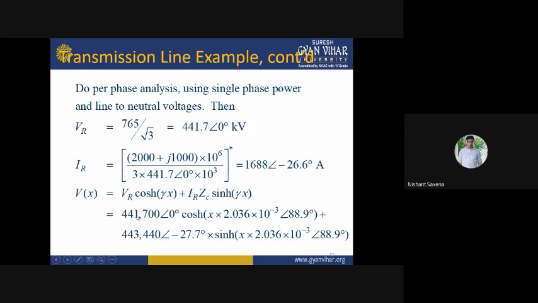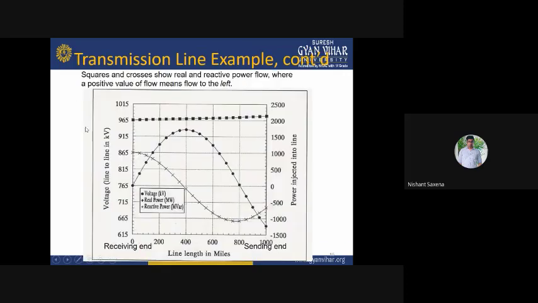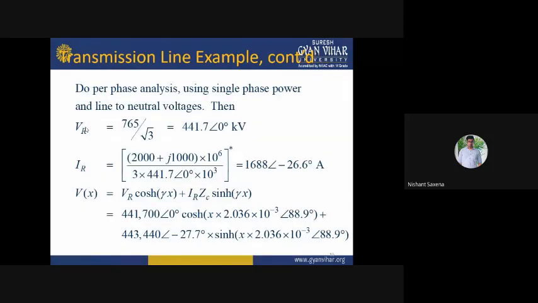So 441.700, and it is 443.440. Okay, so when I substitute these, I will be getting Vx equal to how much? When we calculate it, I will be getting the value. You do it with your calculator. Let me show it to you.